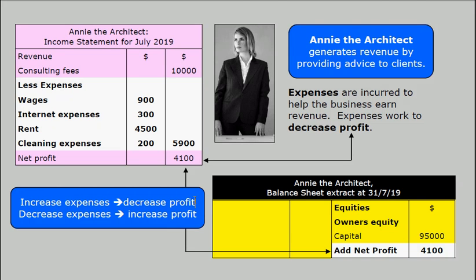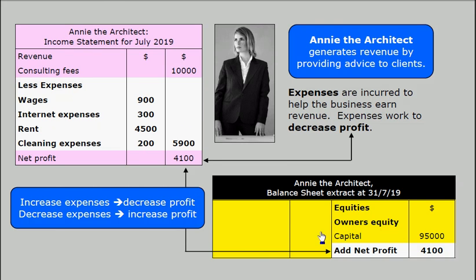Profit belongs to the owner. So there's going to be a relationship between the profit generated by the business over the reporting period and owner's equity. Profit will be transferred to the balance sheet and added to owner's equity to show that profit increases owner's equity. If expenses are relatively high, profit is relatively low.